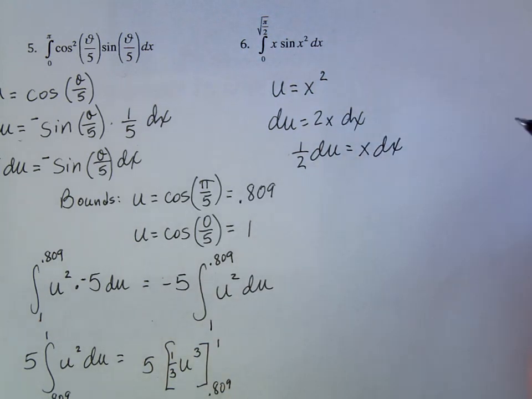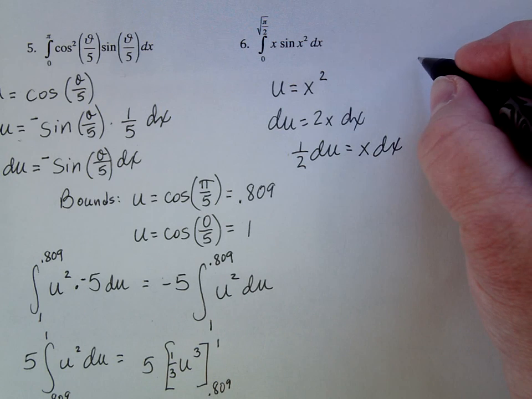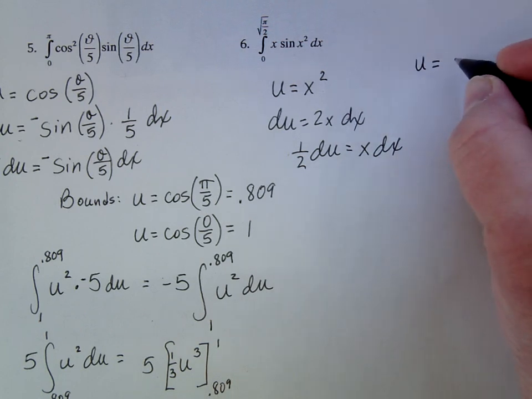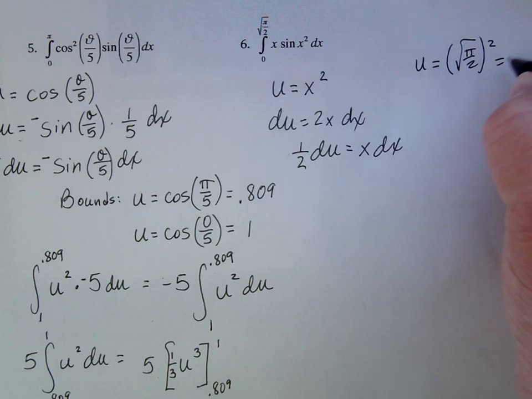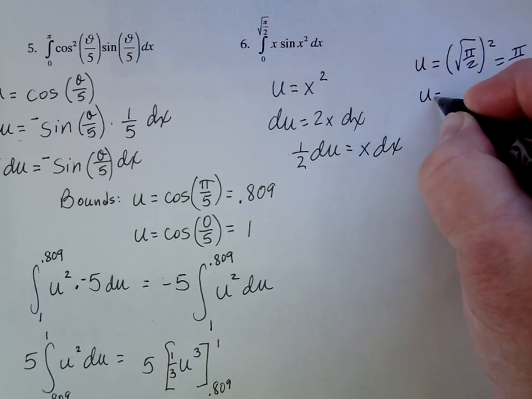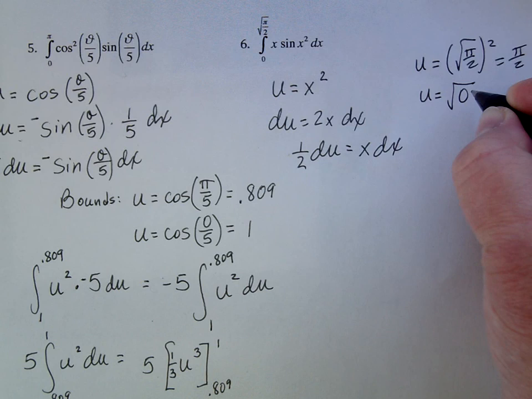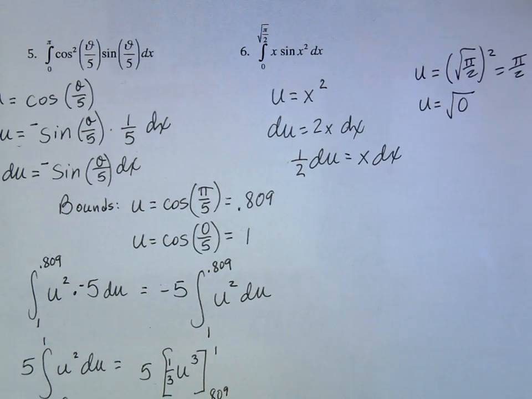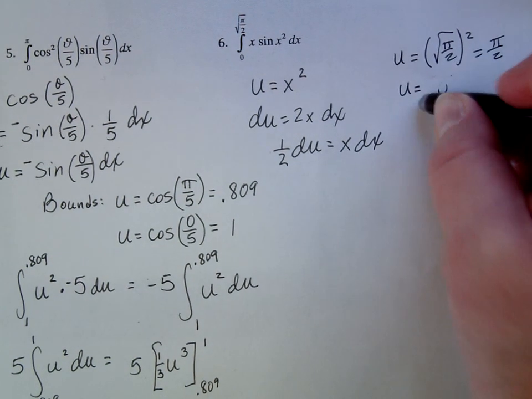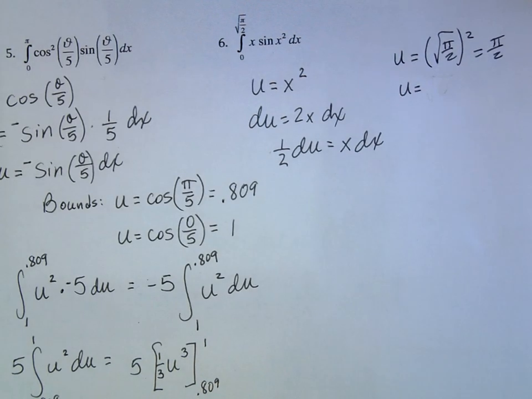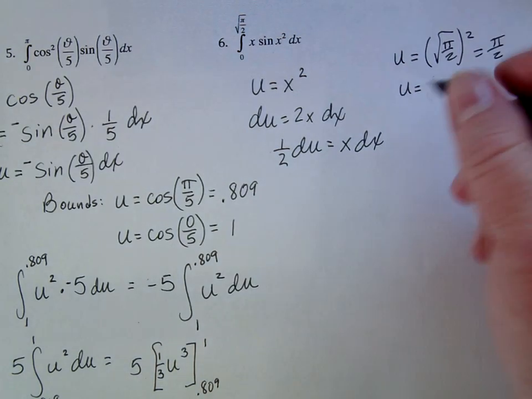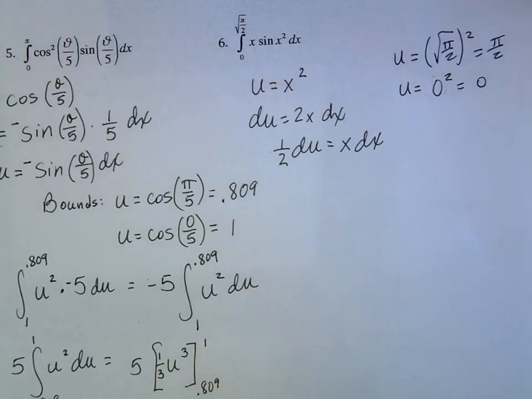And so now I'm going for my bounds. U equals the upper bound of the square root of pi over 2 squared, or pi over 2. Lower bound is 0, I'm sorry, it's not a square root, it's just a regular old 0 squared. 0 squared is 0, and so I can put my integral together. Here it goes.